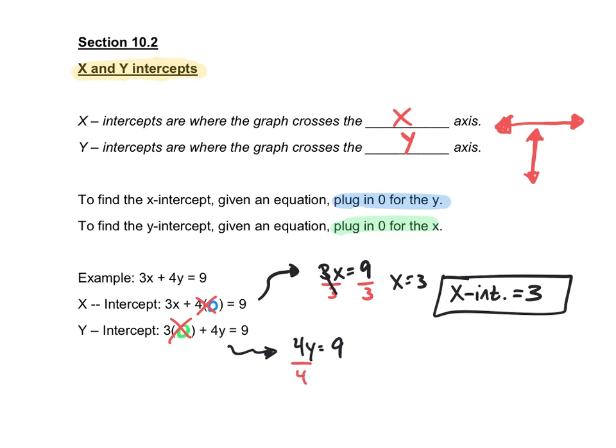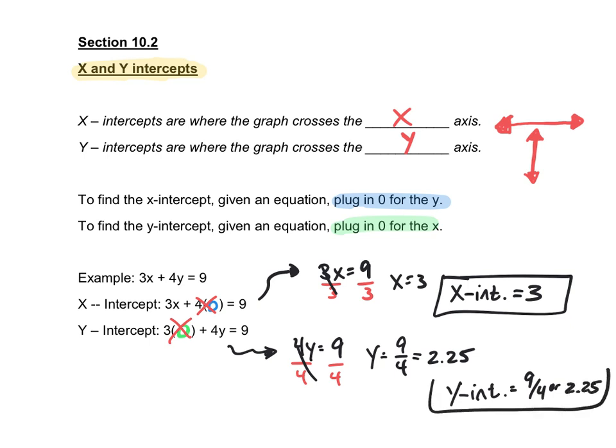You would need to divide both sides by 4. And you would get y is equal to 9 over 4. Okay? If you wanted it as a decimal, that is 2.25. So here you would just say your y-intercept is 9 over 4 or 2.25.